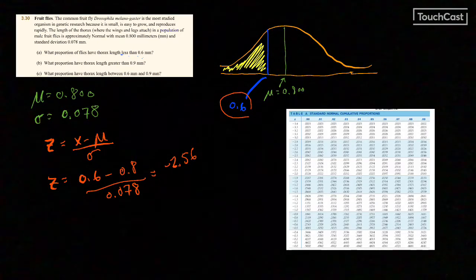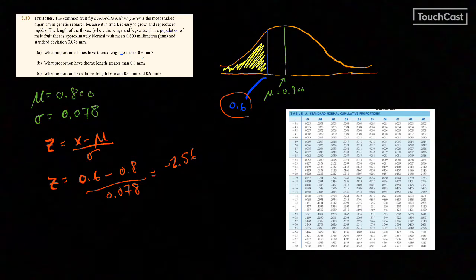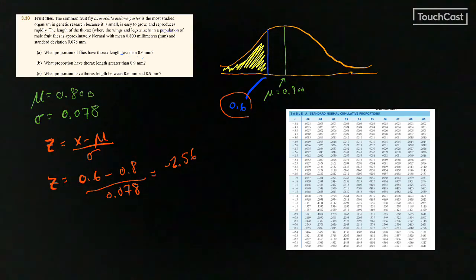Okay, so I just brought up table A in the appendix, and I'm going to look now for negative 2.56. First I look in the Z column, and I look for negative 2.5, which is right here. Then I look for the 6, which is up on the top part here.